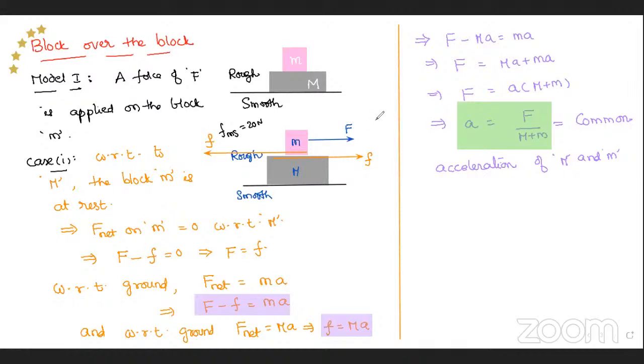Unless and until I apply the 20 newtons, the block is at rest with respect to capital M. But if I apply F greater than 20, what happens, Nana? Then small m slides separately or not? If the maximum value of static friction between the two is 20. This is what I'm saying.